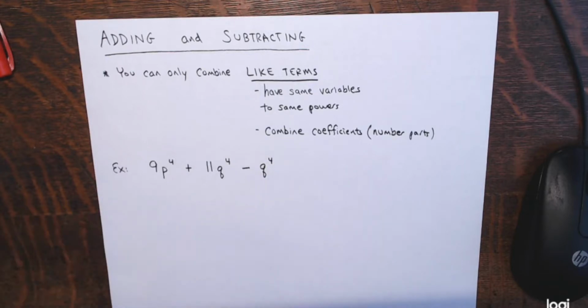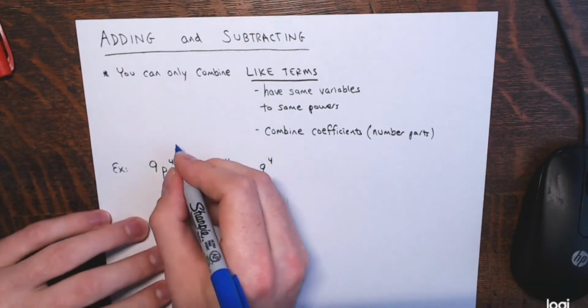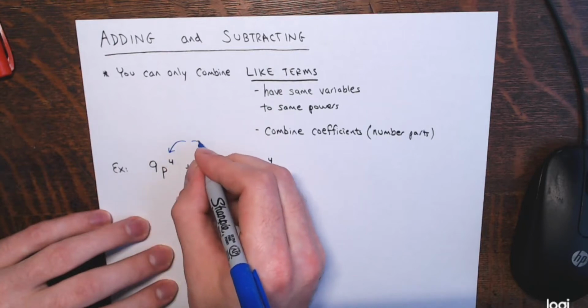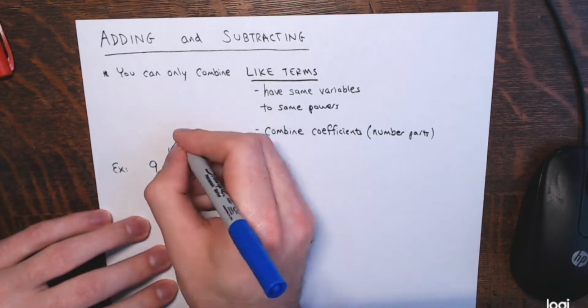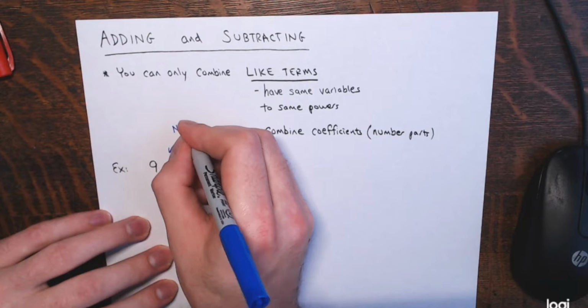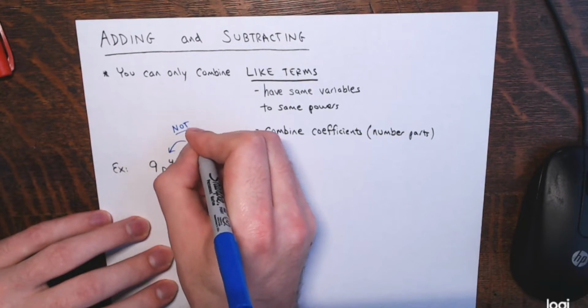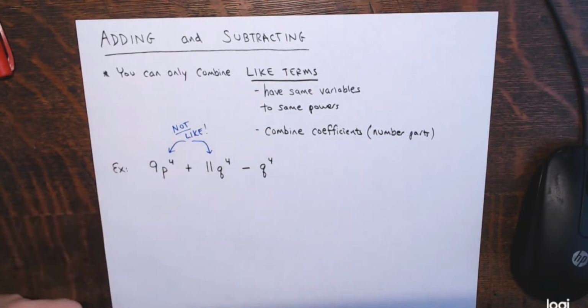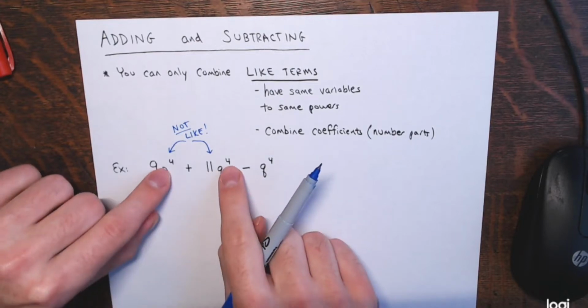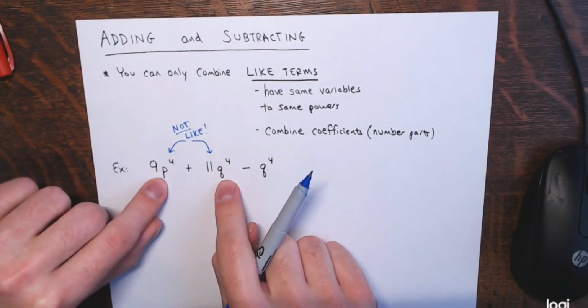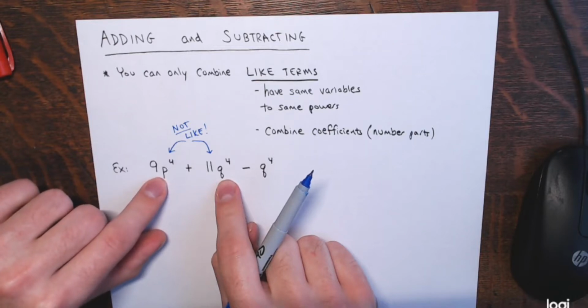Pardon me. So these two, the first two monomials, are not like. Sure, they have the same power on the variable, but they don't have the same variable. Right? This term has a variable of p to the fourth.